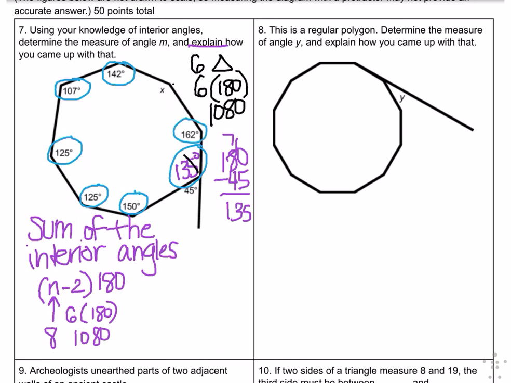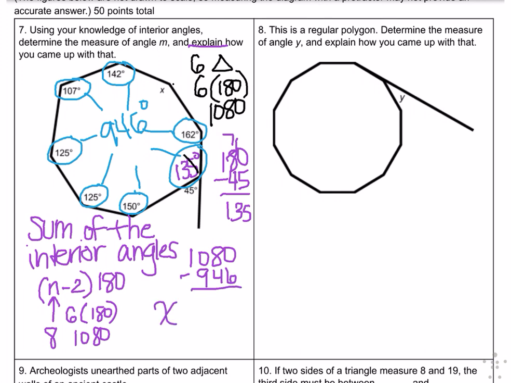So if I add all of those together, I get 946 degrees. So if we know that the total has to be 1080, and so far I have 946 degrees, I would just subtract to solve for x. And if you do that subtraction, x is 134 degrees.